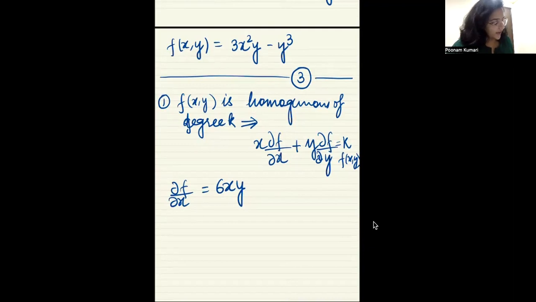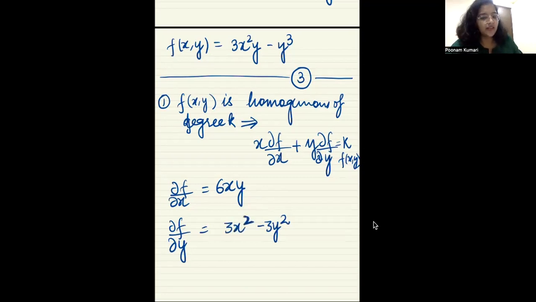Okay. All right. So what is the partial derivative with respect to y? Minus 3y squared plus 3x squared. Yes. Okay. Is this correct? Please check.